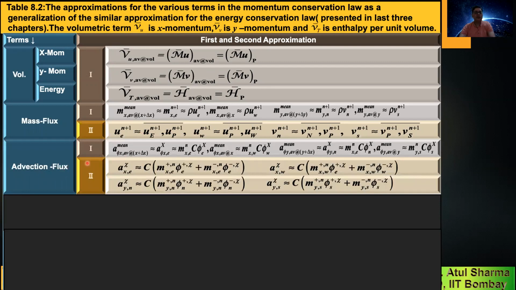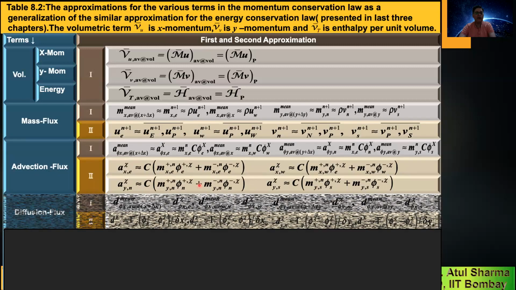For the advection flux, which was presented in the previous topic, we use certain advection schemes, which were presented in previous slides along with the weights. The formulation was presented in detail in the previous lecture, and it is expressed in a generic form here for this topic.